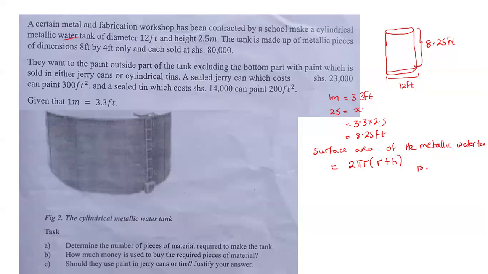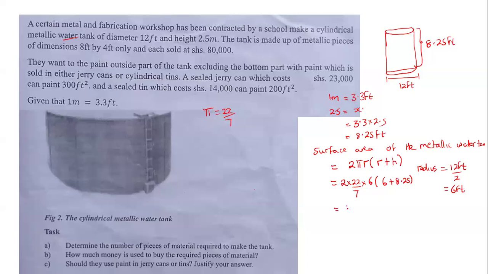So you can come here and say, my radius will equal 12 feet divided by 2, which will equal 6 feet. Now whenever they don't give you pi, please make sure you stick to 22 over 7. So here we shall say this is 2 times 22 over 7 times r, which is 6, times (6 plus the height, which is 8.25).